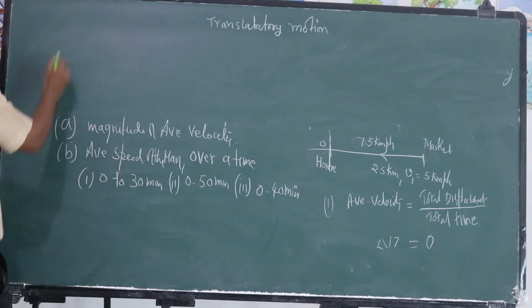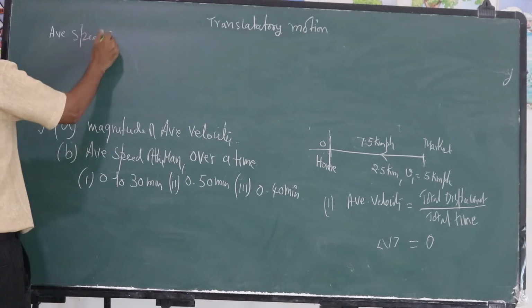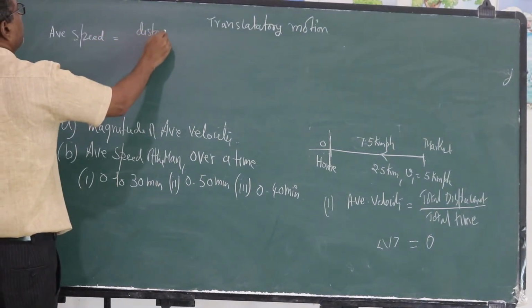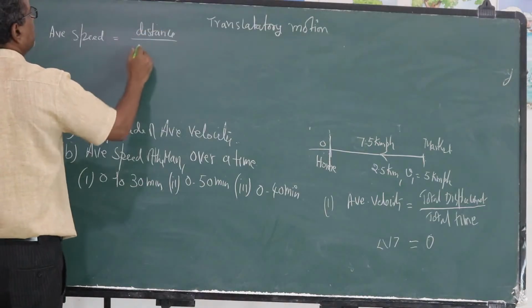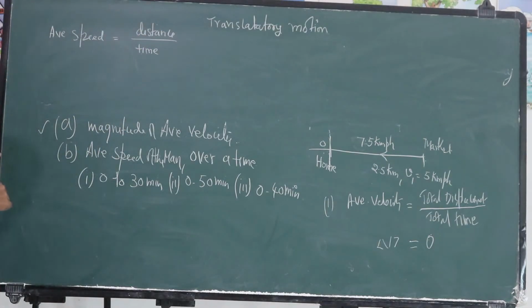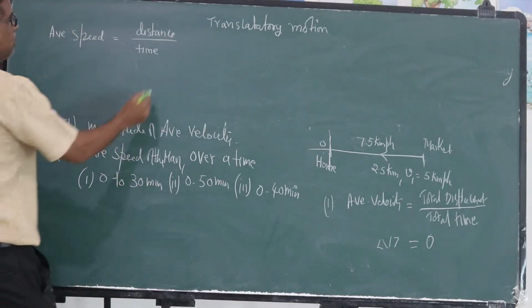So average speed. What is the formula for average speed? Total distance by total time. So what is the distance traveled in half an hour, from 0 to 30 minutes?